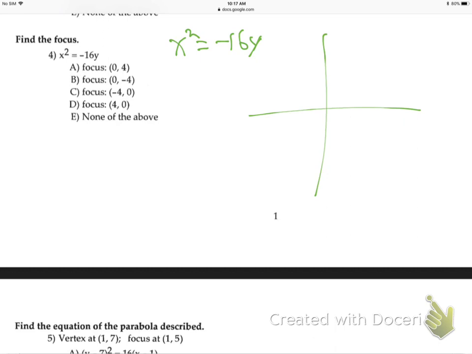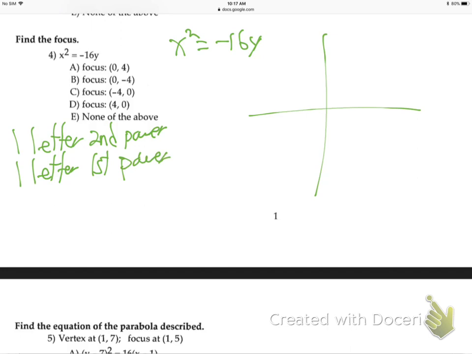So it's not the two branches that make the egg shape, which is an ellipse, and it's not the two branches turned away, which is a hyperbola. It's only one branch. How do I know? One letter, second power, one letter, first power. So it's a parabola for sure, right?